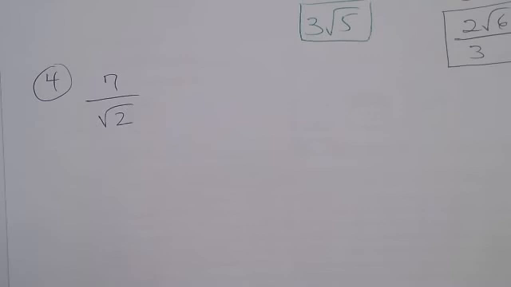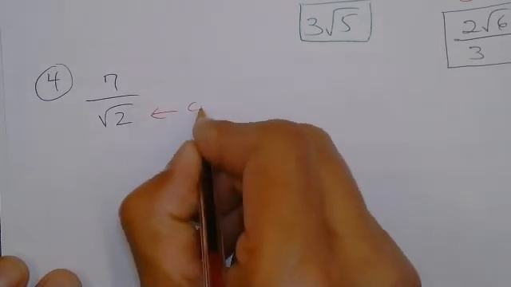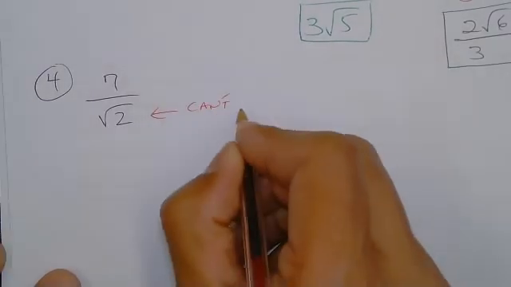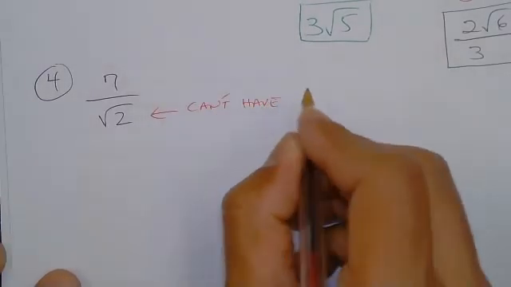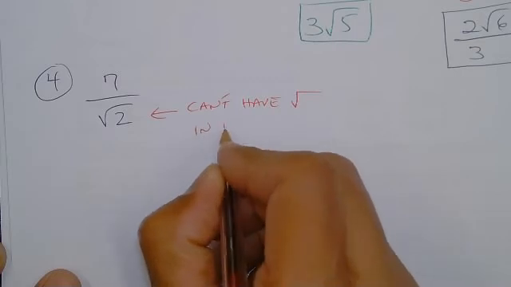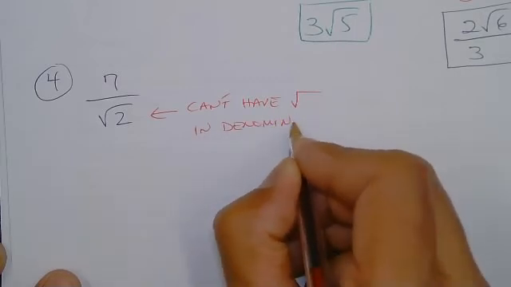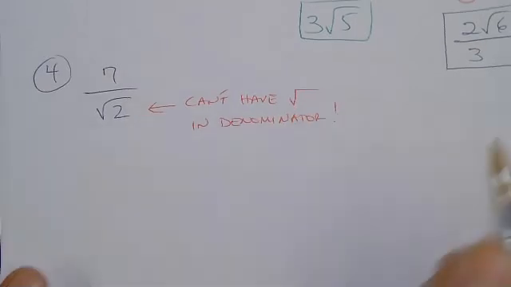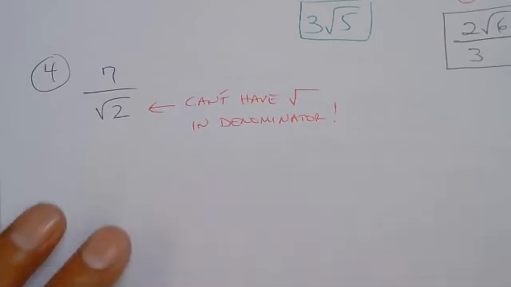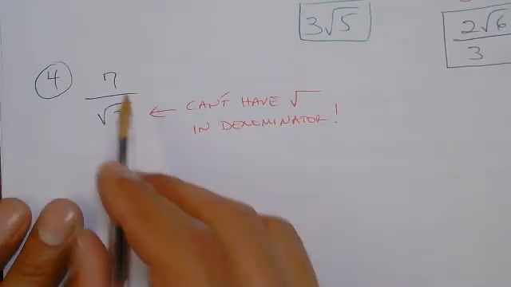We've seen this before. You can't have this. Can't have a radical in the denominator. Cannot have a square root in the denominator. Remember now what we had to do? Can't have it.